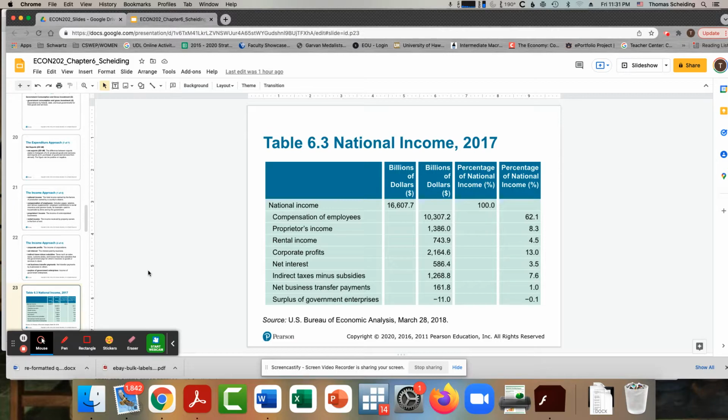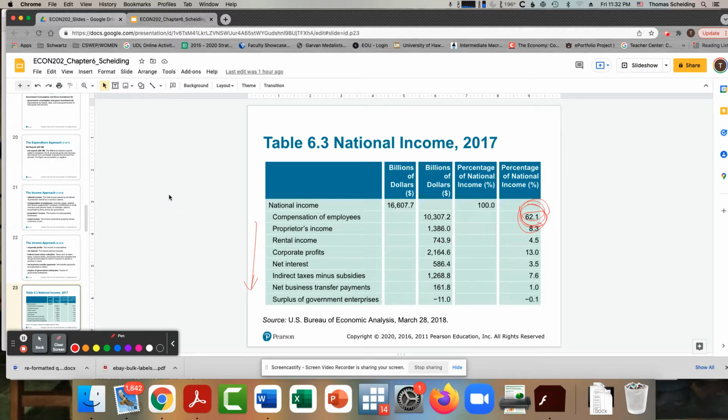And so when we look at those shares, the majority of it is compensation to employees, making up about 62% of that. And then you've got your rest here. So as you can see, national income is a bit more complicated because you're adding all of these up.